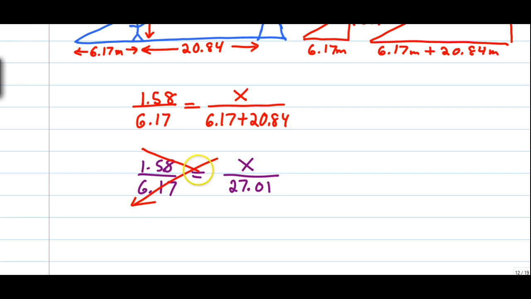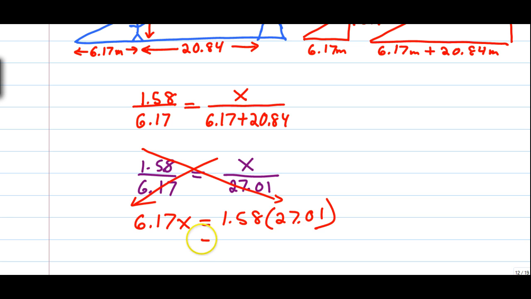So our cross products in this case are going to be 6.17x equals 1.58 times 27.01. And simplifying, that 1.58 times 27.01 becomes 42.6758. Carry down the 6.17x.